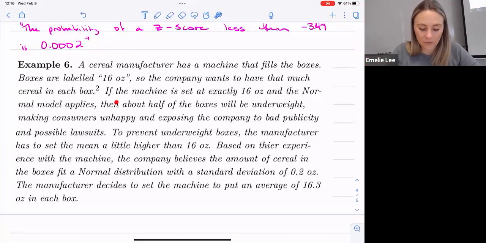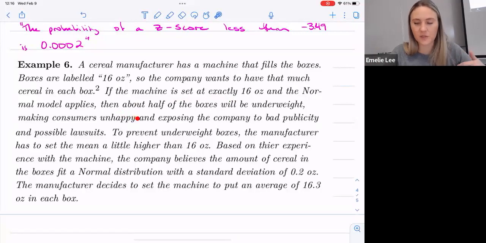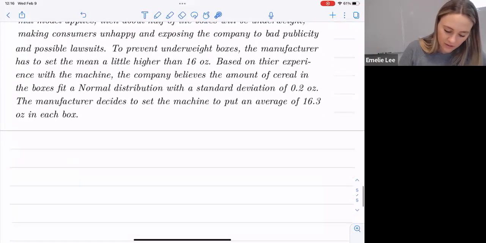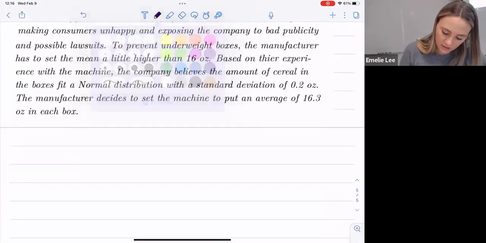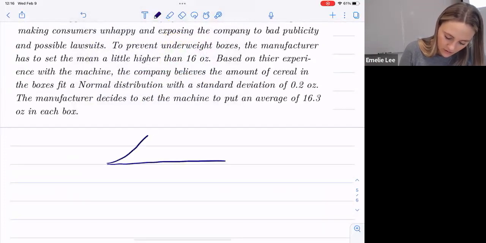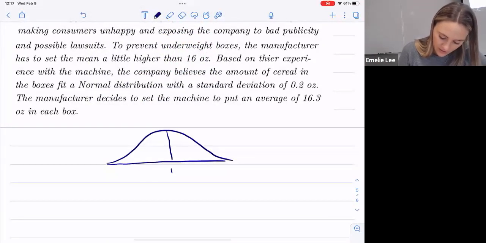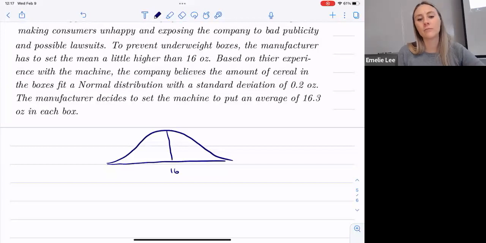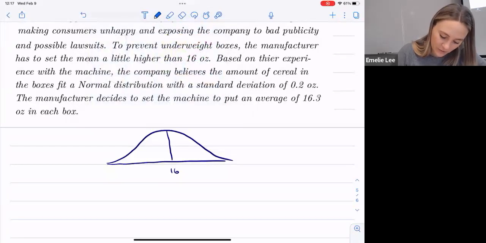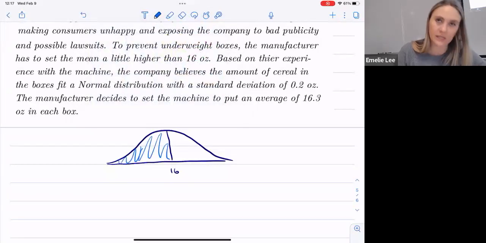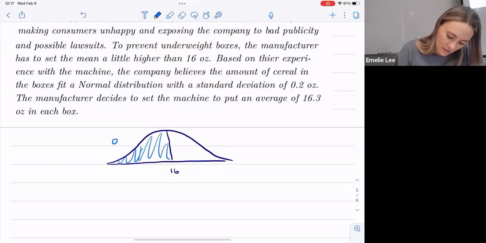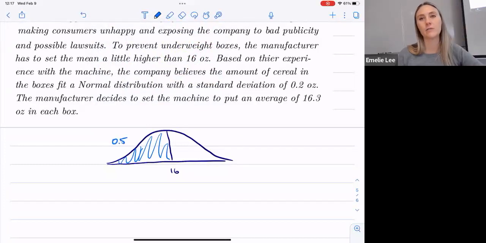So if a machine is set at exactly 16 ounces, the normal model applies. Then about half the boxes will be underweight. Because if we set this machine to fill at 16, and the total area under the curve is 1, then the probability of being underweight, meaning less than 16 ounces, must be 0.5.